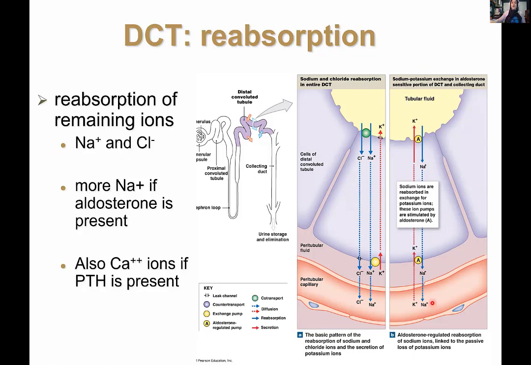So that's really the way aldosterone works, is it creates extra sodium suction across this interface here, and water will follow. Not pictured in this picture, but also true, is if you were to see parathyroid hormone circulating, you would see more transport of calcium as well.